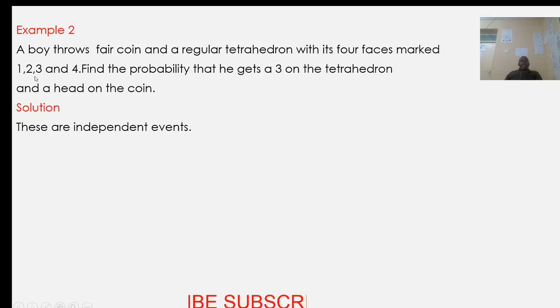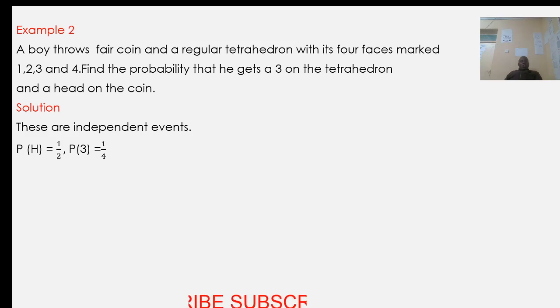The probability of a head occurring does not affect the probability of a number 3 occurring, or another number between 1 and 4. A tail occurring does not prevent another number like 2 or 1 from occurring. So we call them independent events.